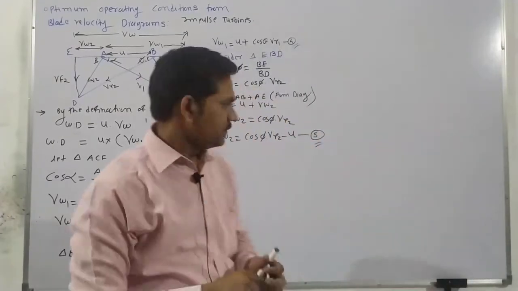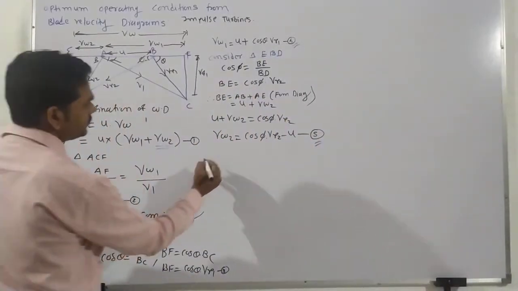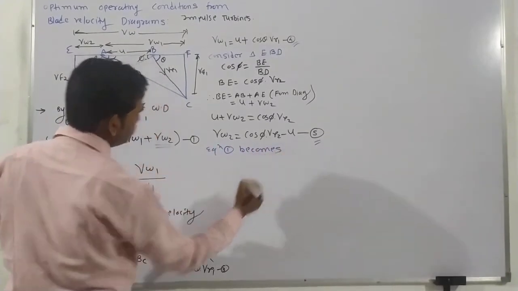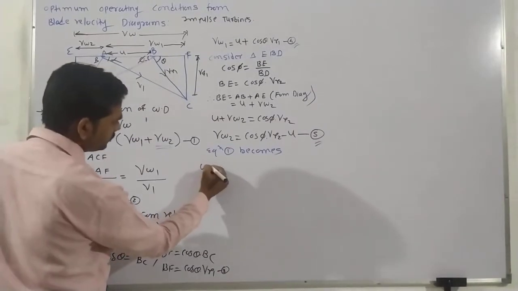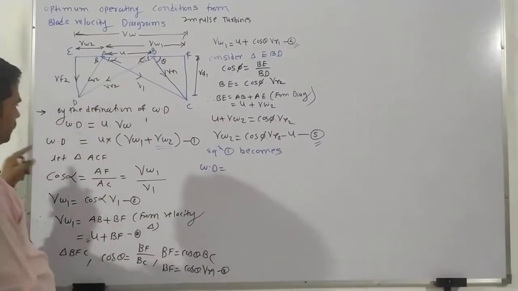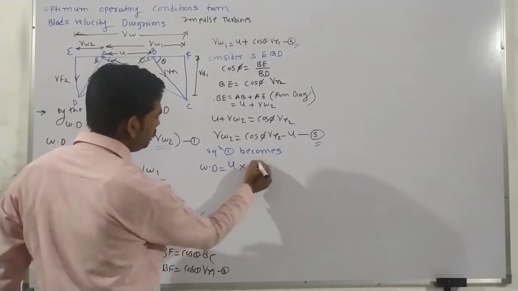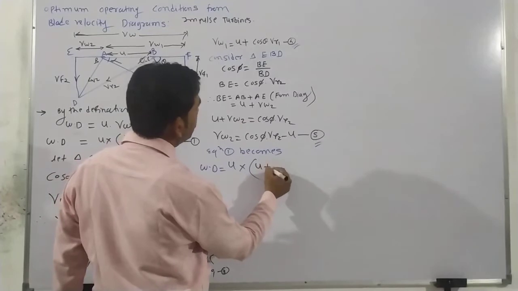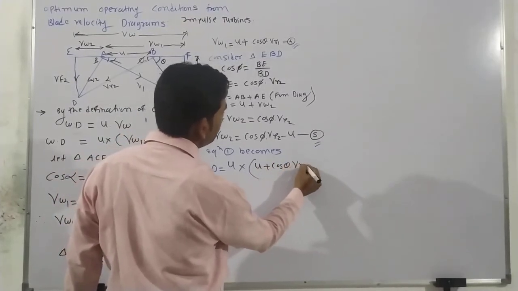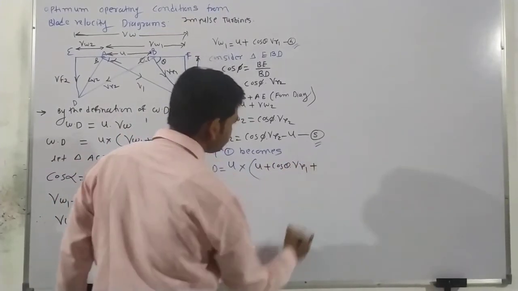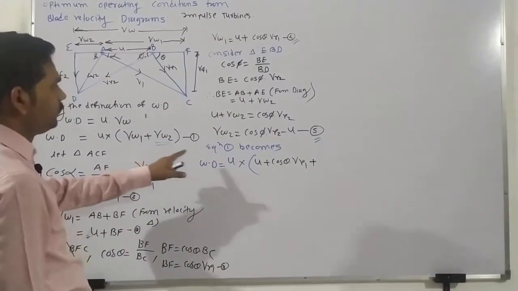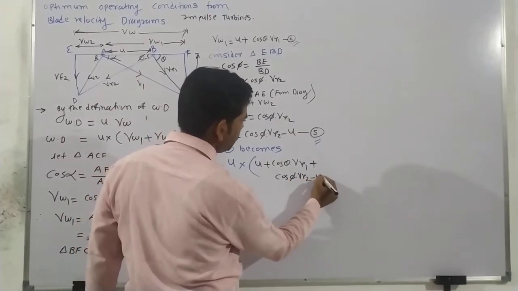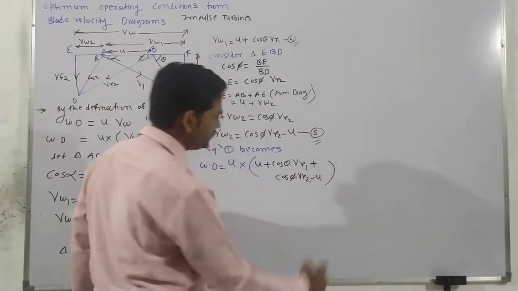So equation 1 becomes, work done is equal to C U into VW1 replaced by U plus cos theta VR1, plus VW2, which is cos phi VR2 minus U, bracket completes.